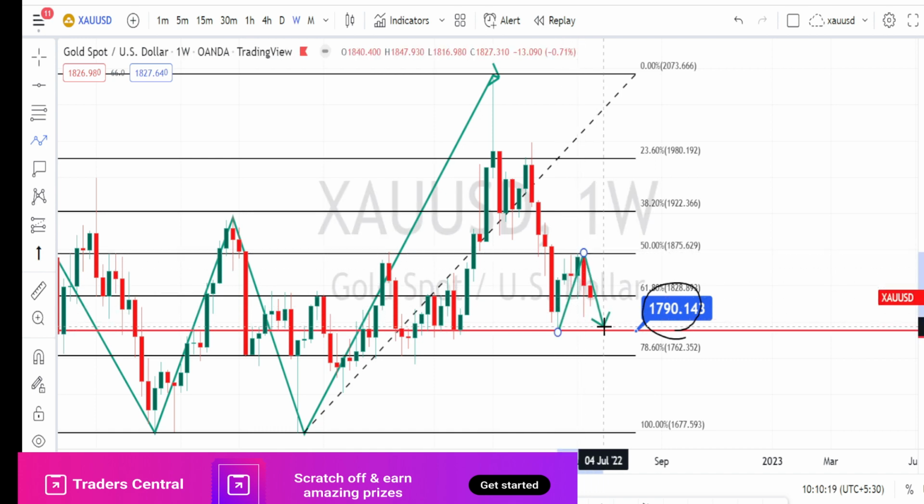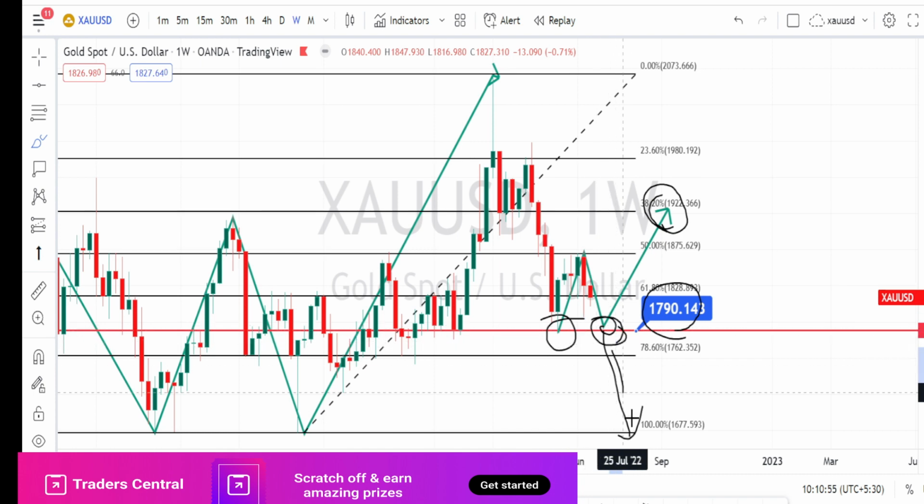We can expect it to take support and to bounce back on the bullish trend reversal also. So currently we are noticing two possibilities. One, a trend reversal on the bullish side, or when it breaks the support level, we can expect a continuation of the bearish trend. So breaking this support level will be the confirmation for the continuation of the bearish trend.